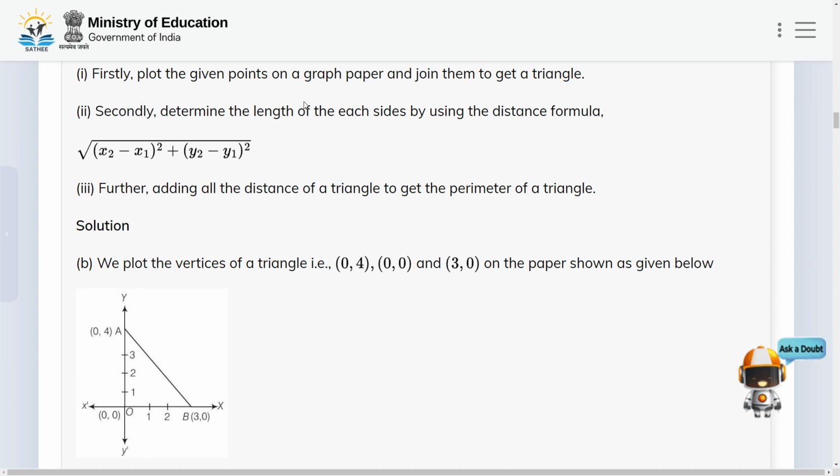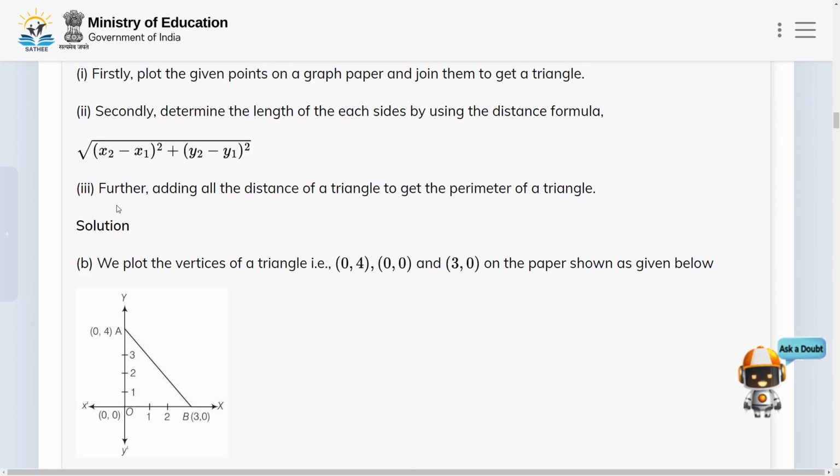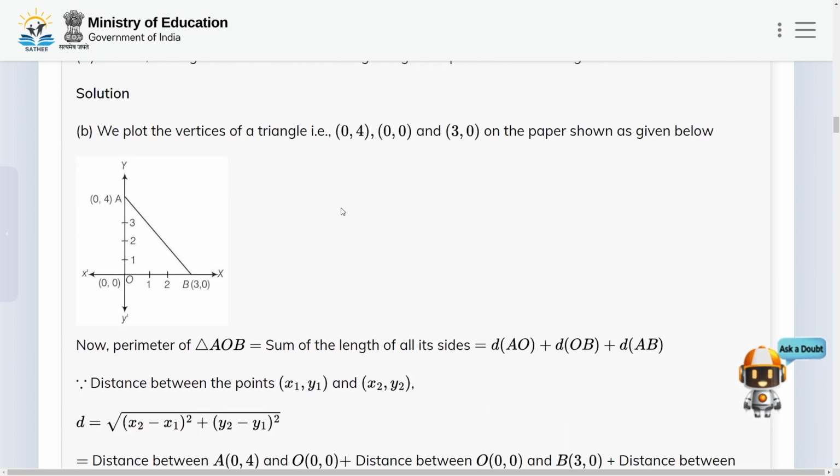If we plot these points, then you will get this type of triangle, and the vertices A, O and B are (0, 4), (0, 0) and (3, 0) respectively. Okay, so secondly we determine the length of each side by using the distance formula. So we can find the length of OB, AB and AO. Okay, so further, adding all the distances of the triangle gives the perimeter of the triangle.